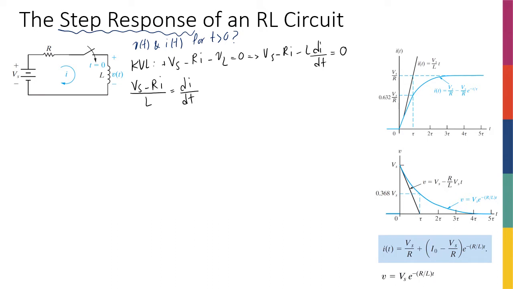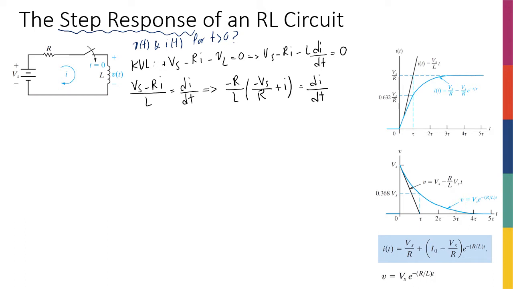And then I'm going to take minus R over L and factor that out from the left side of the equation, just because I remember that R over L, or L over R, was something special, my time constant, so it might actually help me. So it's going to be, well, negative R over L times, negative Vs divided by R plus i, is equal to di over dt.